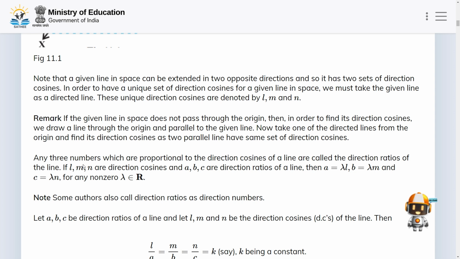Any three numbers which are proportional to the direction cosines of a line are called the direction ratios of the line.